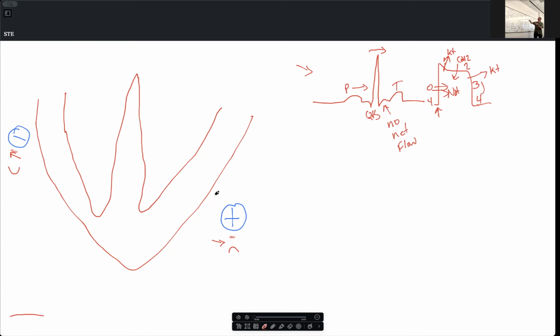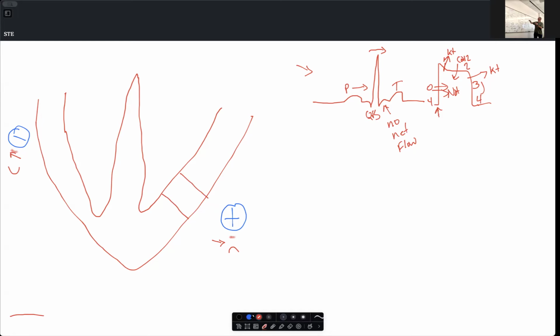So what is going on when we have ischemia, injury, and infarction? The first thing I'm going to talk about is full thickness injury to the myocardium, right? So you have transmural ischemia and injury that involves the entire thickness of the myocardium.